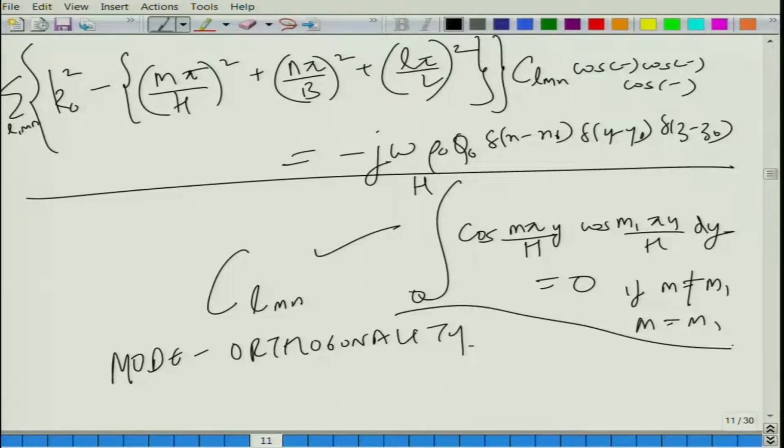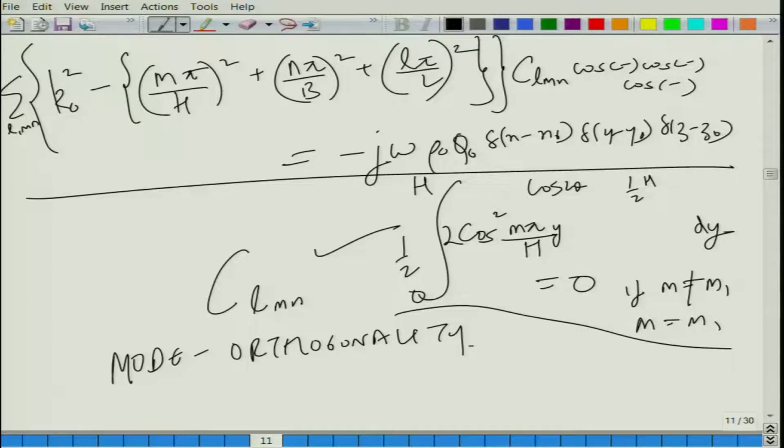Okay. If m is equal to m1, then this is not 0, then it becomes cos square. So, you divide and multiply by 2, so it becomes 2 cos square. Okay. And then you invoke your cos 2 theta rule, and you will see that this will be half of h by 2. So, this is sufficient enough hint.